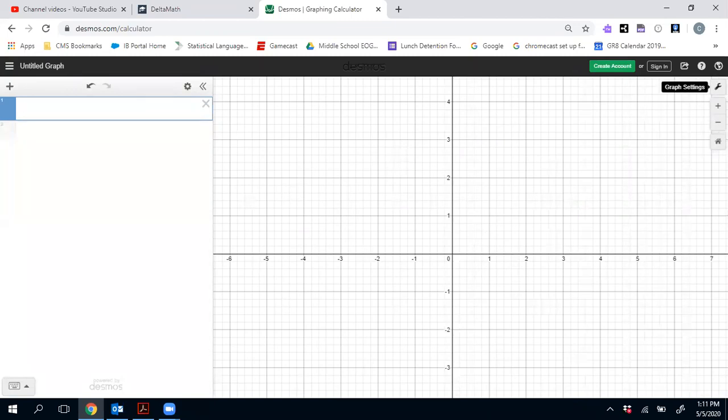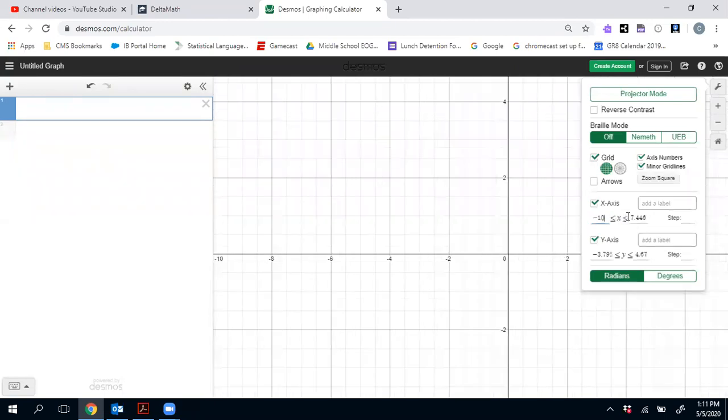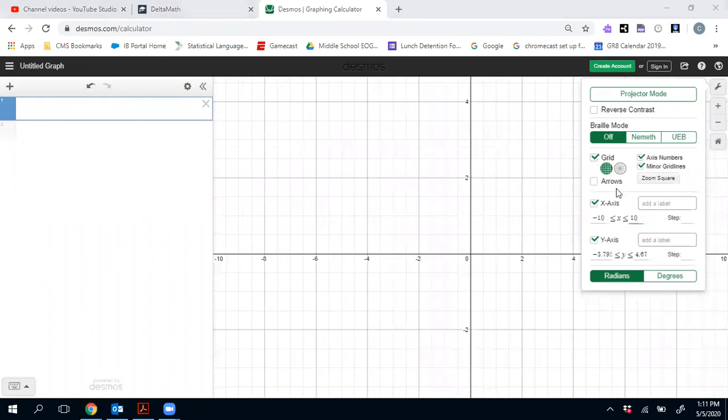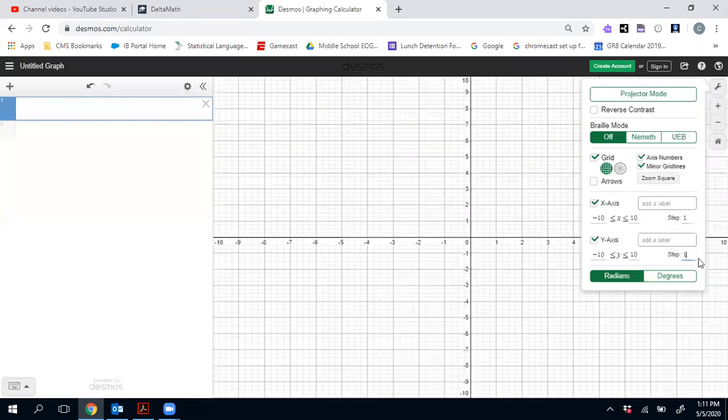I'm going to go to the wrench, and where it says the x-axis and the y-axis, I'm just going to have it go from -10 to +10. And then for the y-axis, I'm going to have it go from -10 to +10. And then where it says step, I'm going to fill in 1.